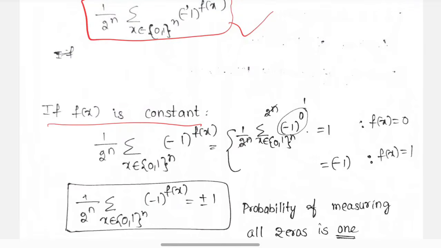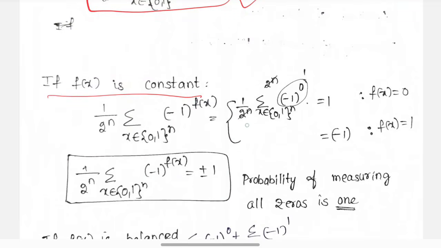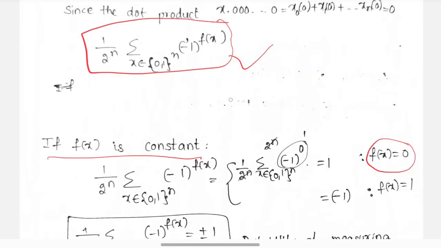Now you need to check if f of x is constant. So if f of x is constant, minus 1 power 0. For example, I am checking for f of x equal to 0. If I substitute in this formula, 1 by 2 power n, summation x belongs to 0, 1 power n, minus 1 power f of x, with f of x being 0, I am taking the constant.